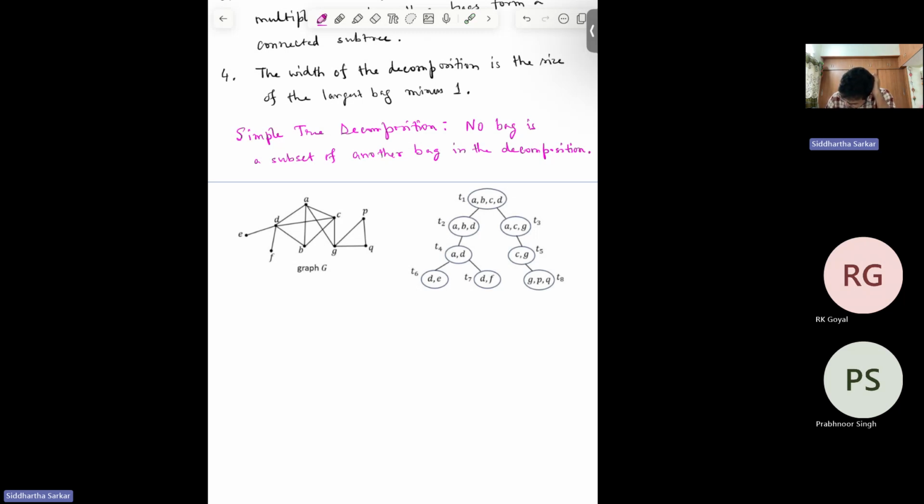For example, this bag T4 has a violation because T2 is a superset of T4. So at T4 there exists a violation of simplicity.